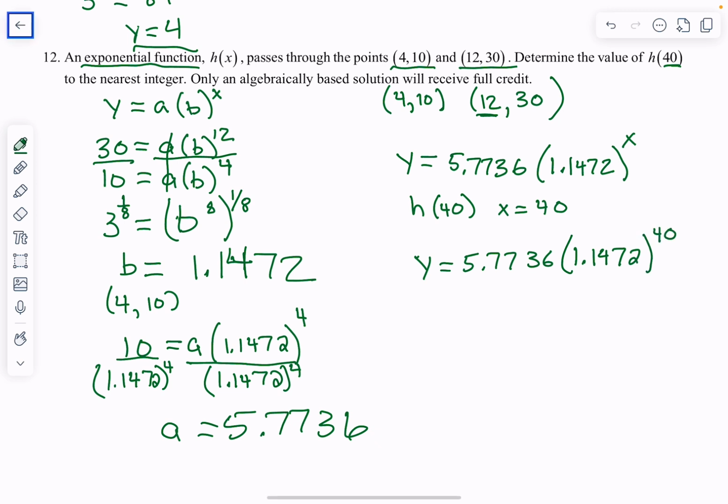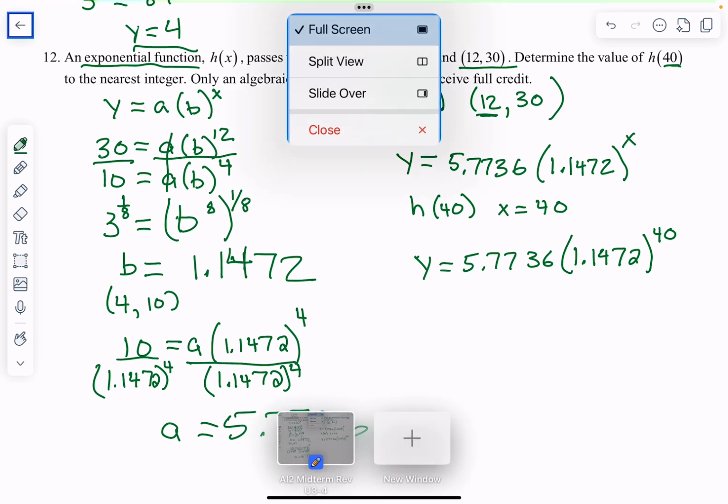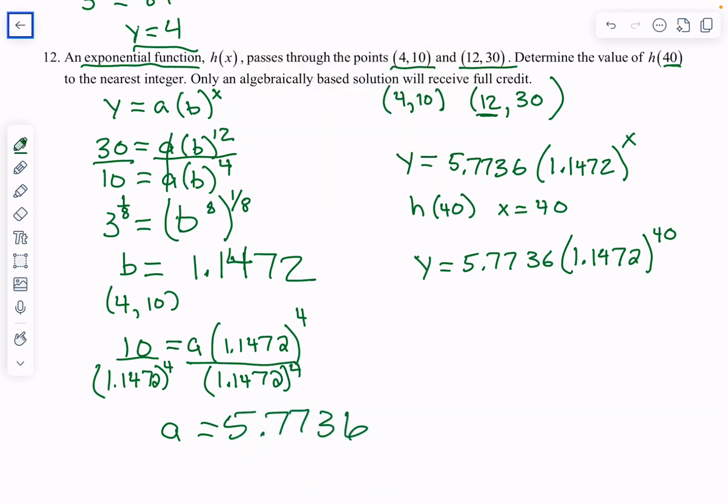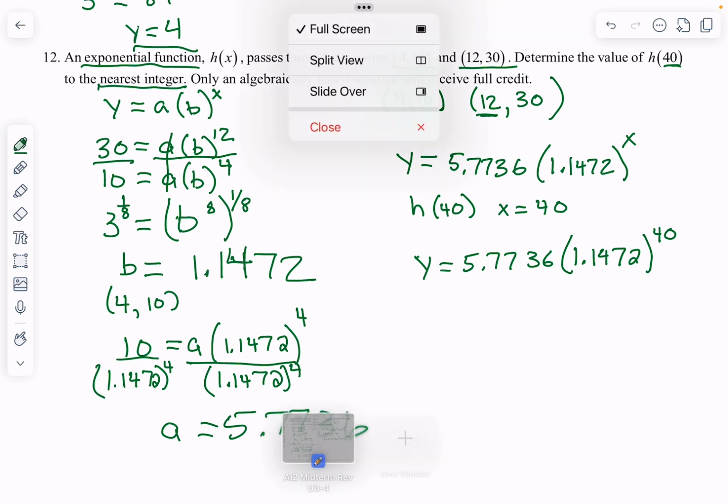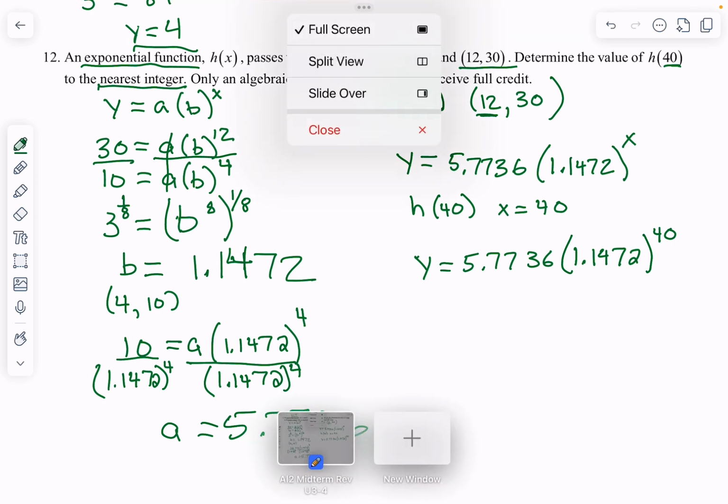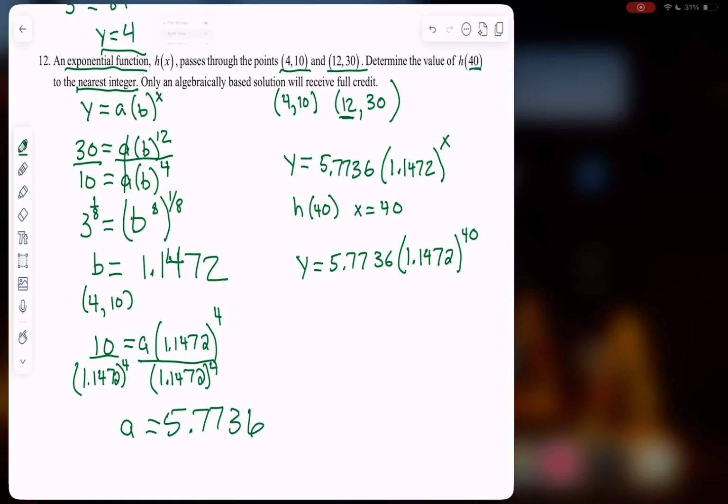So again, we go back to our calculator, and they want this to the nearest integer. So when we get it, we're going to round to the nearest integer because that's the only thing that had to be rounded to a certain place. So I would carry more until I get to the end. You probably learned that in science also.